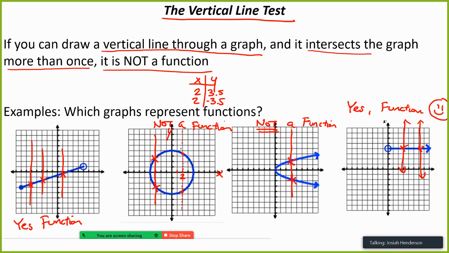We see it with the circle and we see it with the sideways parabola right here, the example 3. So vertical line test. If you can draw a straight vertical line through your picture and it hits it more than once, it's not a function.